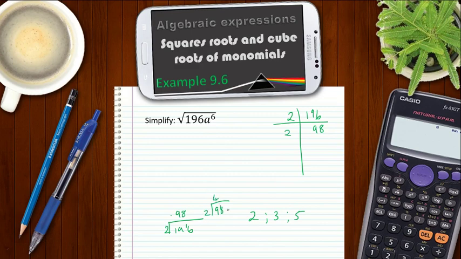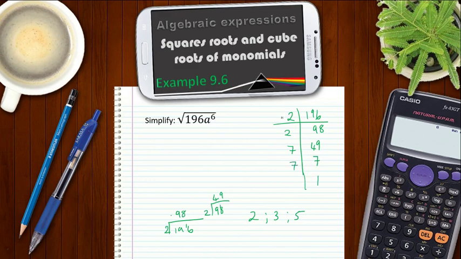There's 1 left. 2 goes into 18 9 times. So that's 49. 2 goes into 98 49 times. 2 can't go into 49 because it is an uneven number. But 3 can't go into 49, 5 can't go into 49, but 7 can. 7 goes into 49 7 times, and then 7 goes into itself once.